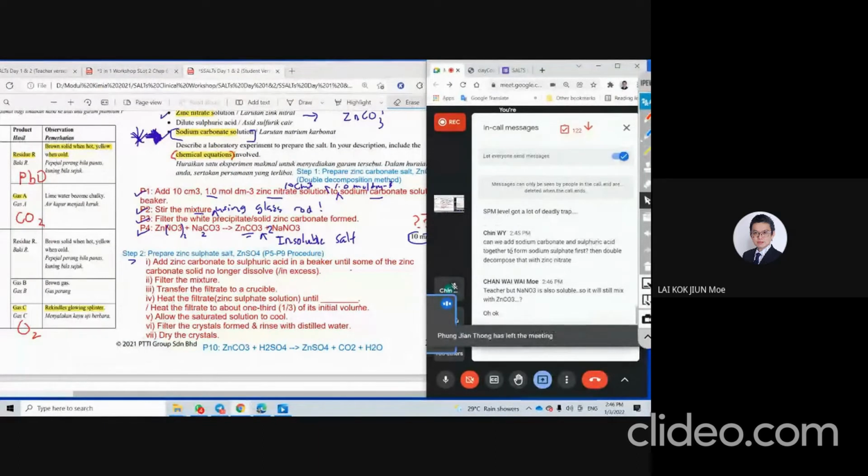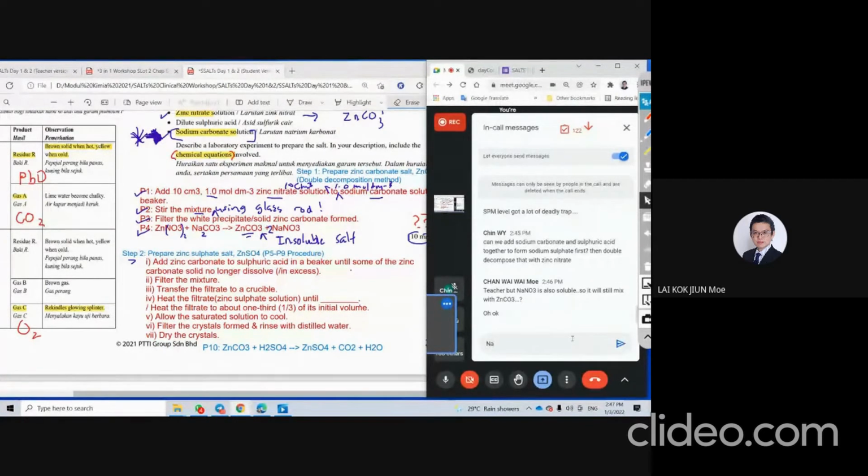But I wonder, Chin, can we add sodium carbonate inside? So we will have sodium sulfate already. Then you use sodium sulfate for double decomposition with zinc nitrate? Your question is good also. Maybe cannot. We're not sure. Check the equation.